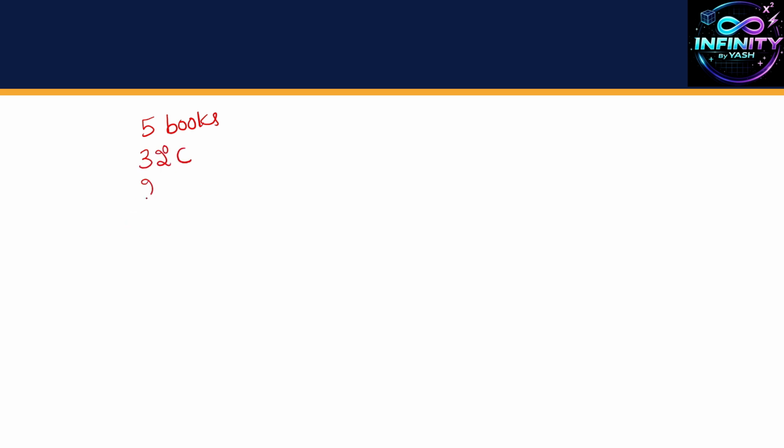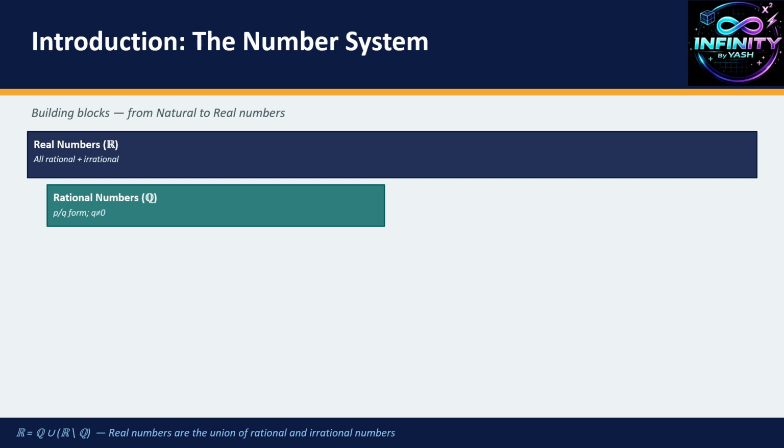The height of the door will be like 2.1 meters. Money in your wallet is rupees 250. Distance to your school may be 3.5 kilometers. Are all these numbers of the same type? Let's find out. All numbers are real numbers.